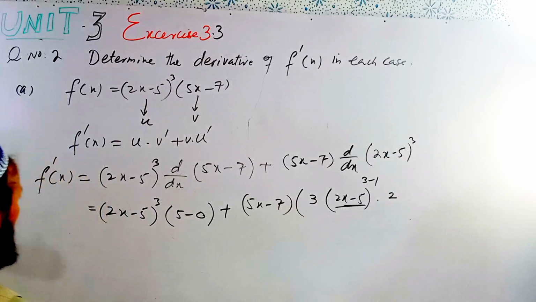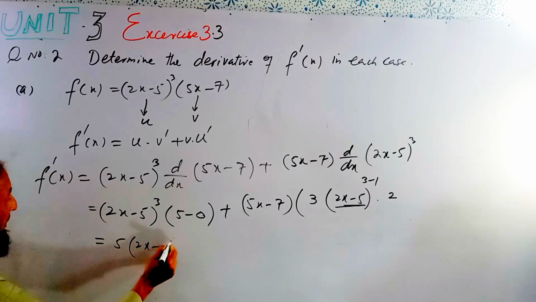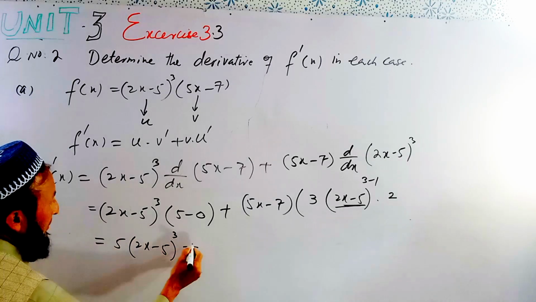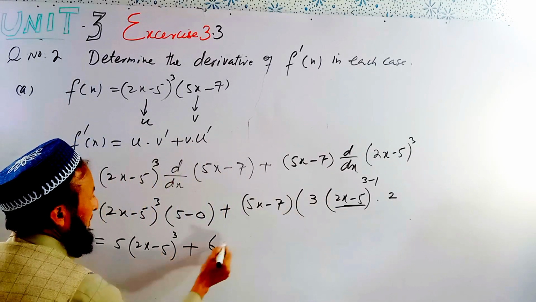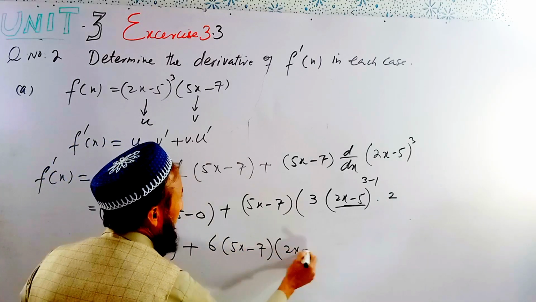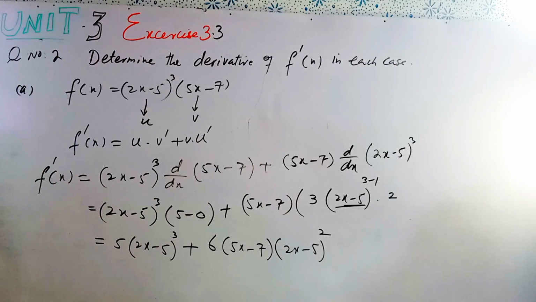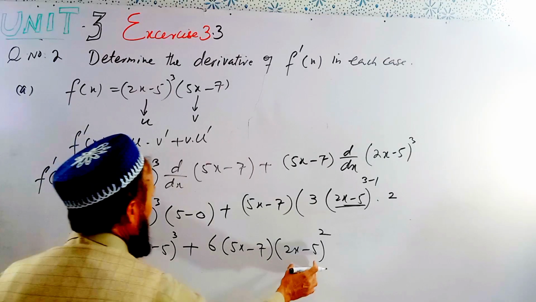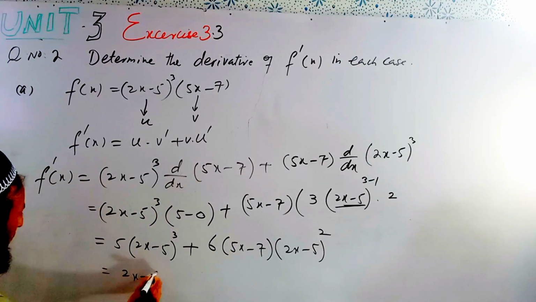So we get 5 into (2x minus 5) whole power 3 plus 2 multiplied by 3, which is 6, into (5x minus 7) into (2x minus 5) to the power 3 minus 1, that is 2. We can also take common (2x minus 5) whole square.